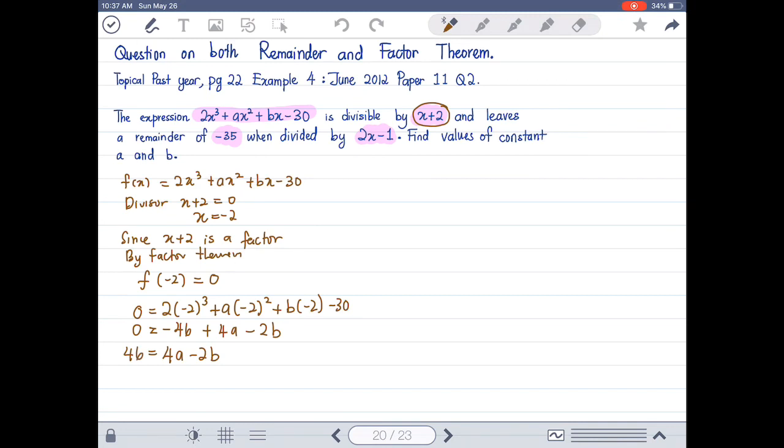Simplify, everything can be divided by 2, so 23 equals 2a minus b. Okay, that is the first equation.